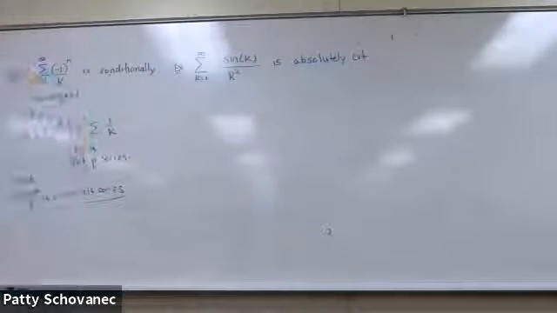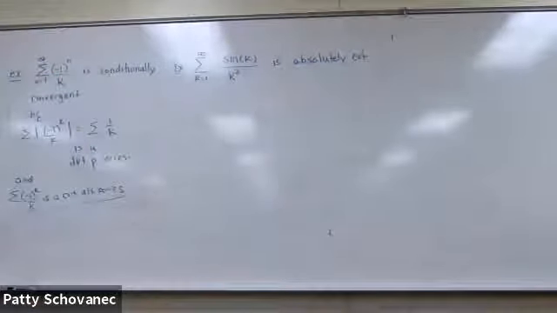Sine of k has some values that are positive, some values that are negative, then it goes positive again, but it doesn't alternate. It has a bunch of positive terms, and a bunch of negative terms, and a bunch of positive terms. k squared is always positive. So it changes sign, but not in an alternating way.